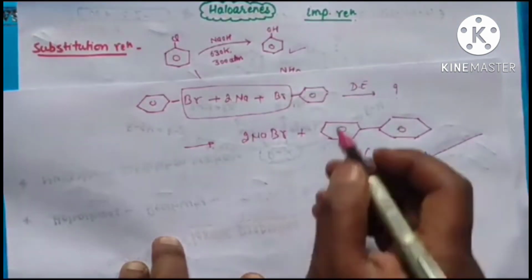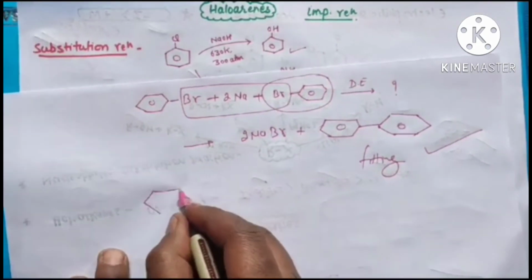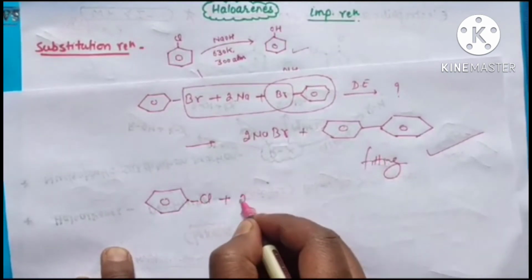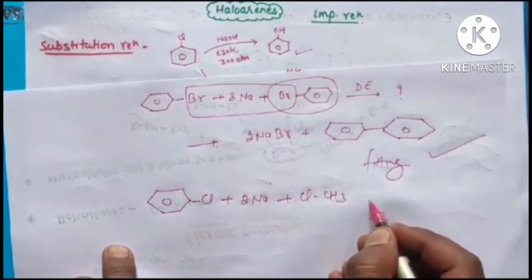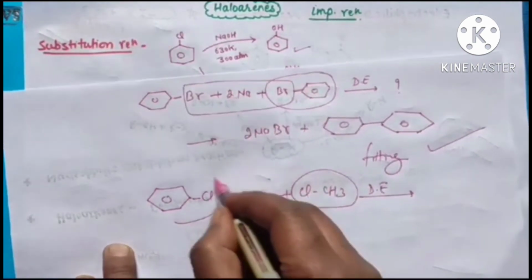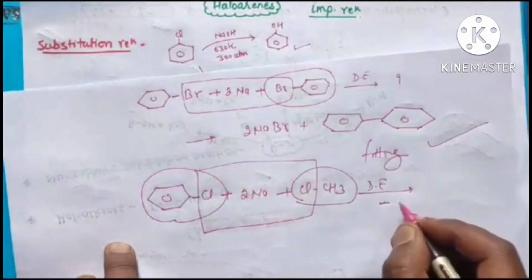So in place of this, if I am using any alkyl chloride, for example, if I am going to take alkyl chloride plus 2Na plus this is CH3Cl. So in that case, what will happen? This is alkyl chloride, this is aryl chloride. So the similar thing will happen, minus twice NaCl.